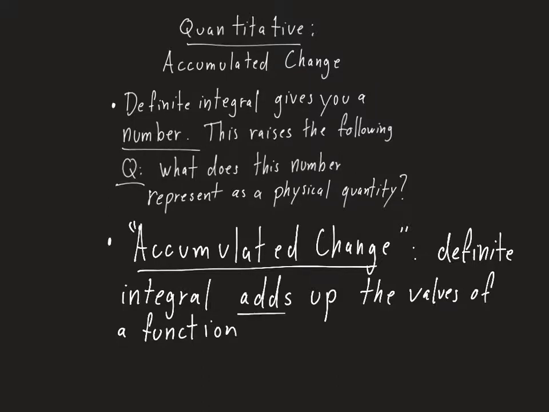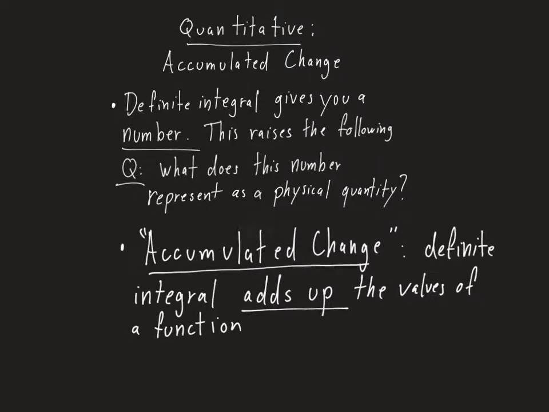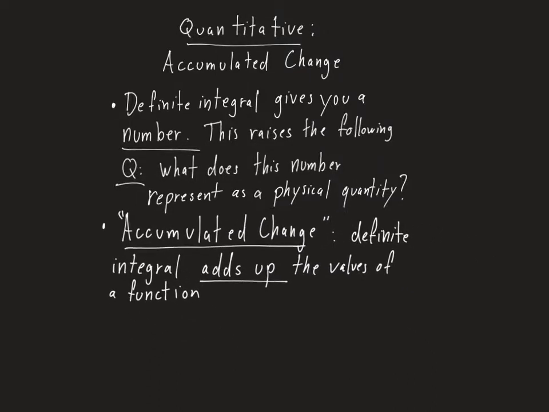And I do really mean the word adds. Really what's going on when you're integrating is that there's just a lot of addition happening. Integrals actually play very, very well with addition. And you're really just adding up all of their values.